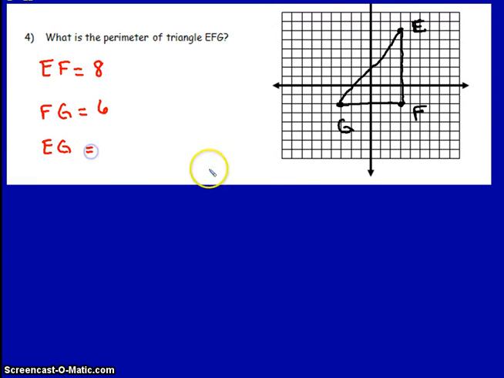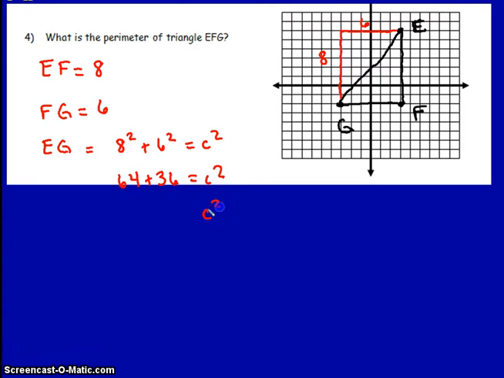And the way that you do EG, you can either use the distance formula, but since we already have a picture, I'm going to use the Pythagorean theorem and make myself a right triangle. And so this distance is 8, and this is 6. Using the Pythagorean theorem, I can say 8 squared plus 6 squared equals c squared, which is 64 plus 36 is c squared.